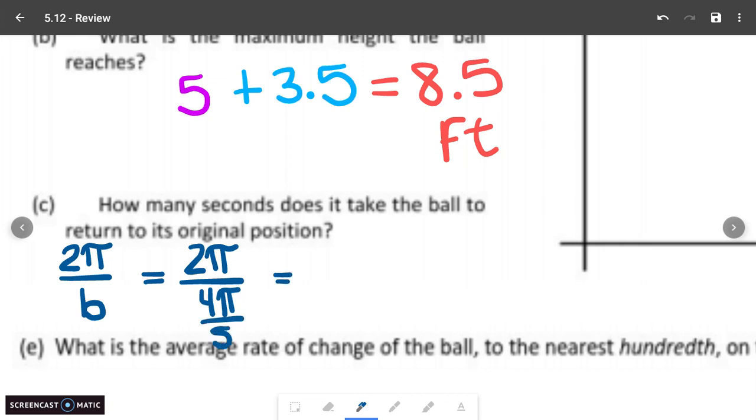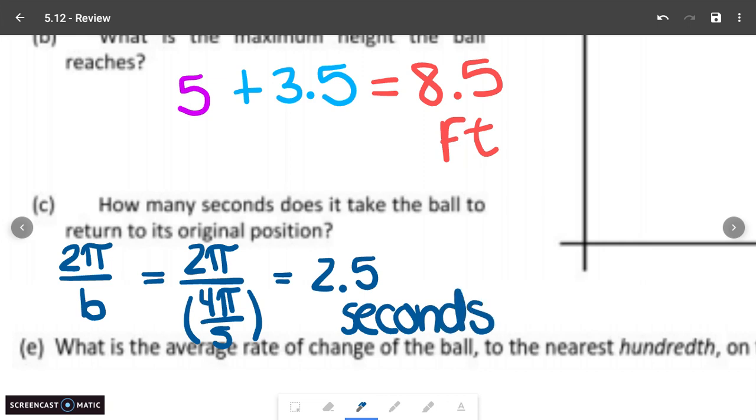I could plug that right into the calculator as long as I'm careful to make sure that 2 pi is divided by parenthesis 4 pi divided by 5. Basically, we're going to get 10 pi over 4 pi, because it's the same as keep, change, flip. It ends up being 2.5 seconds, which means it takes 2.5 seconds for one full cosine cycle to be completed.